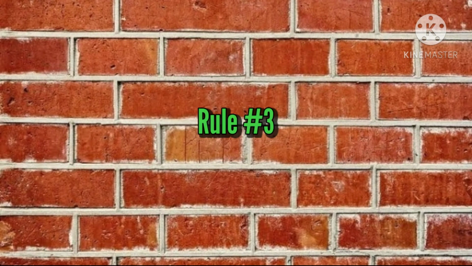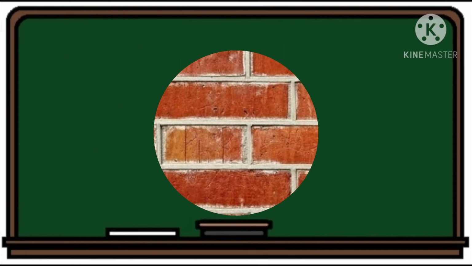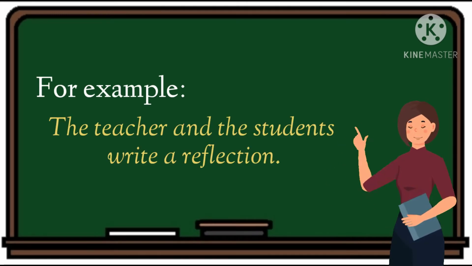Rule number 3. When the subject of the sentence is composed of two or more nouns or pronouns connected by and, use a plural verb. Now, for the example, the teacher and the students write a reflection.